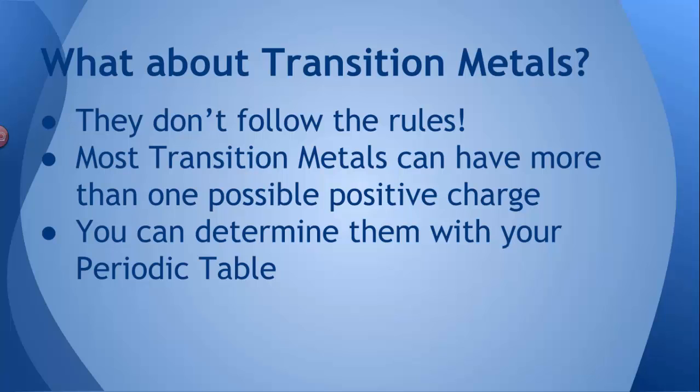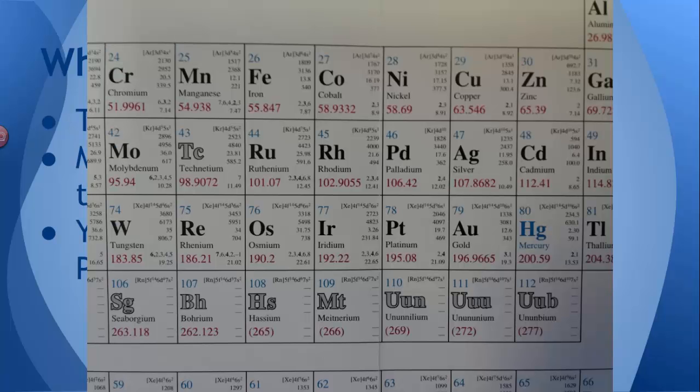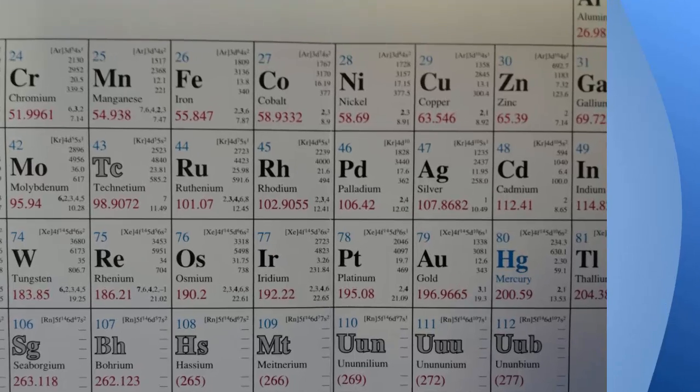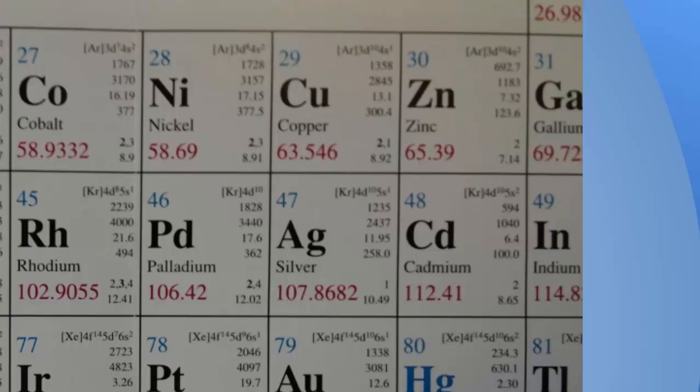You can look at your periodic table. In the square, on the right-hand side, almost down at the bottom, there are a couple of whole numbers, integers, separated by commas. Those numbers represent the possible positive charges for those metals. Okay? Sometimes there's one in bold. Look at copper here.